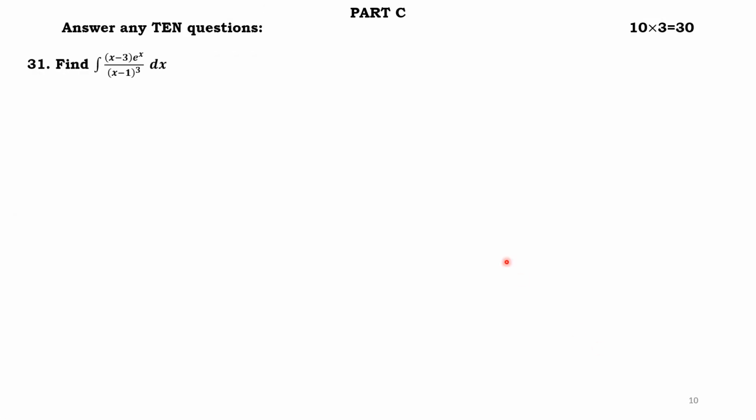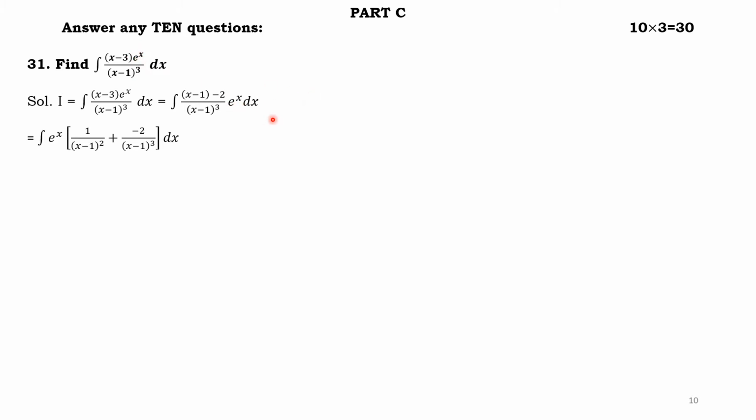Find integral of x minus 3 into e to the power of x divided by x minus 1 whole cube dx. You note down the given function as it is. That can be simplified as x minus 3 can be written as x minus 1 minus 2, divided by the denominator as it is, into e to the power of x dx.